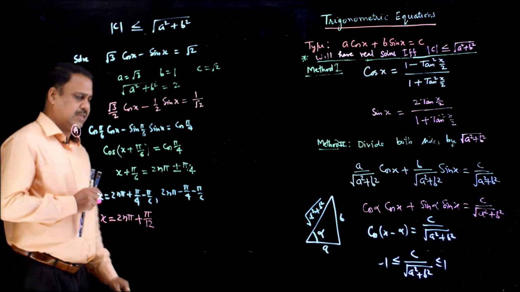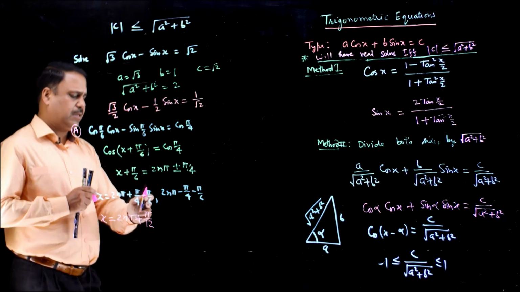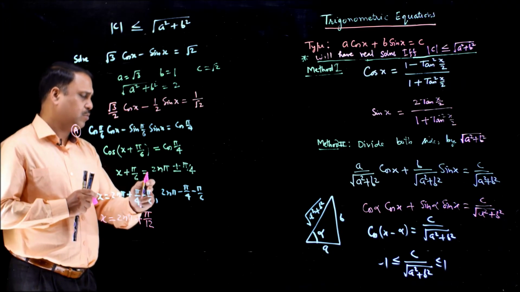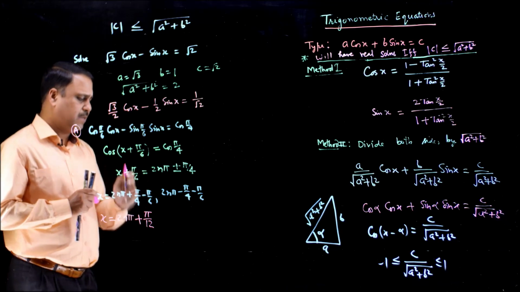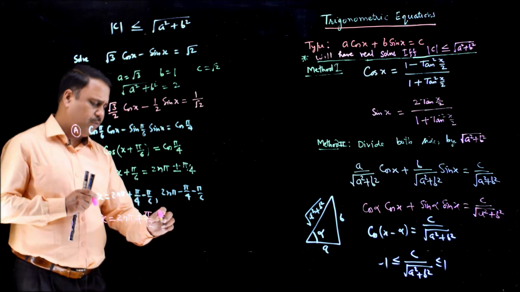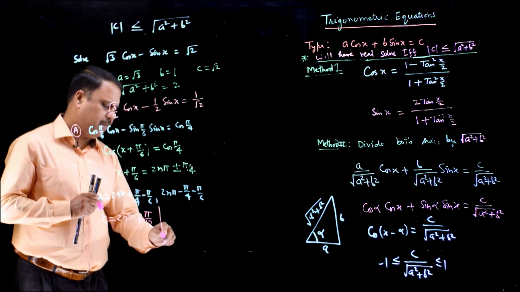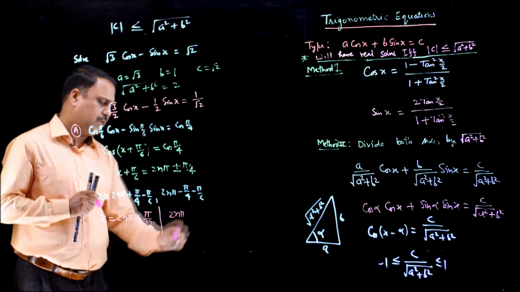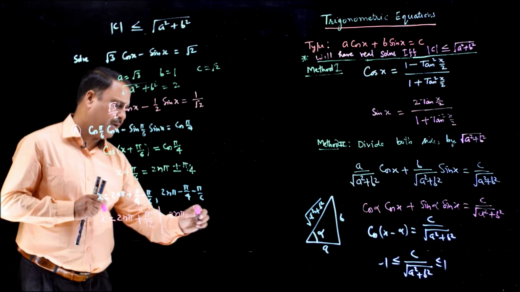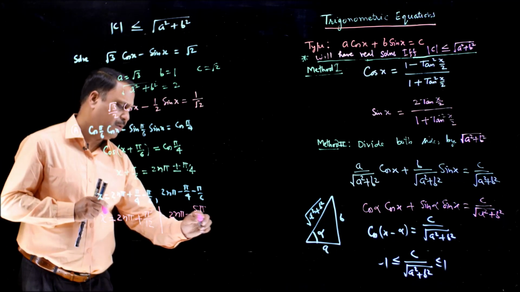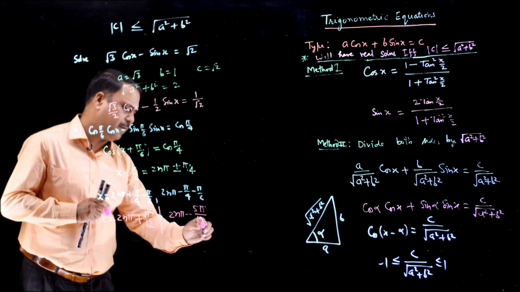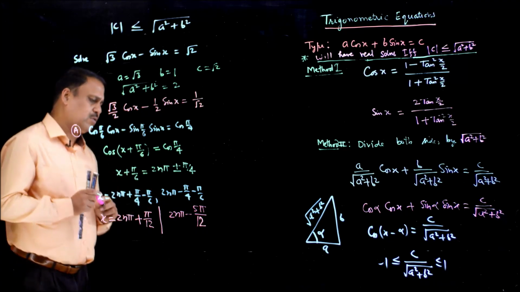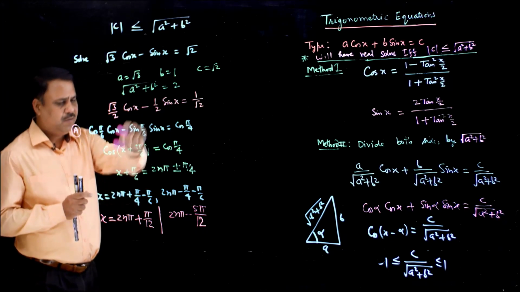This is one solution of this. Another solution you will get from here, that will be 2n pi minus 5 pi by 12, because in this case they will be added. So these are two solutions of this equation if we solve by this method.